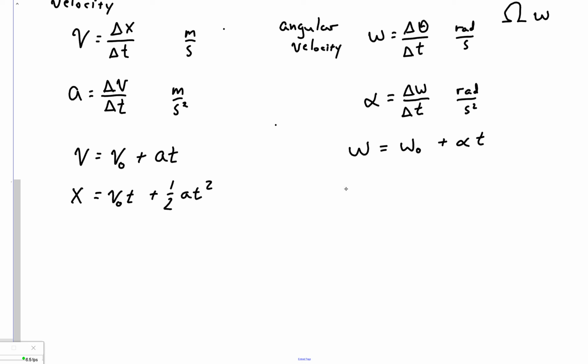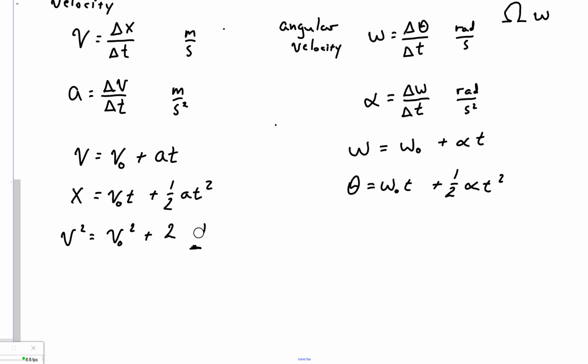Well, what's cool is over on the other side, theta, the equivalent of x, is equal to omega sub o t plus 1/2 alpha t squared. And then let's keep on going. What about our timeless equation? Velocity squared is equal to v sub o squared plus 2 alpha theta. Wow, did anybody just catch how I totally wrecked that?